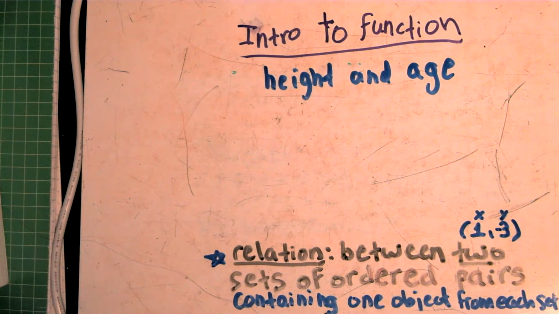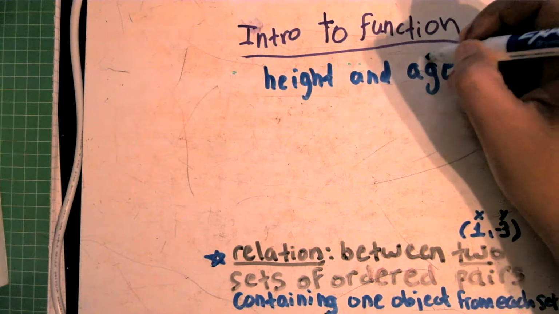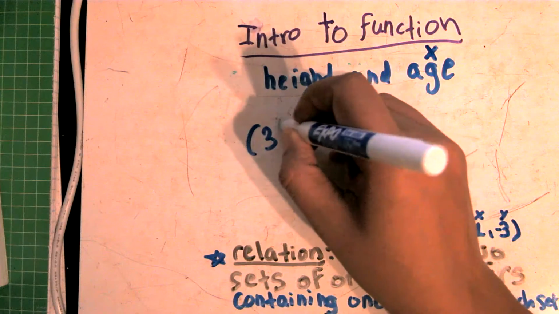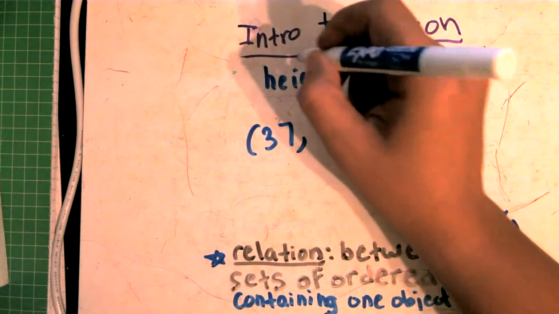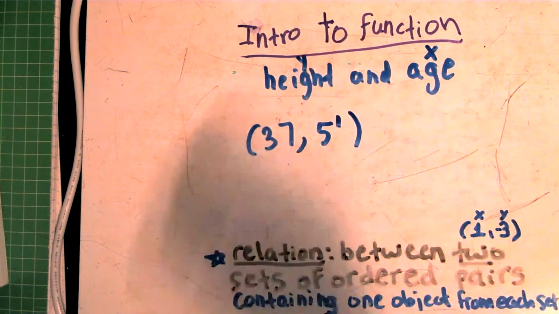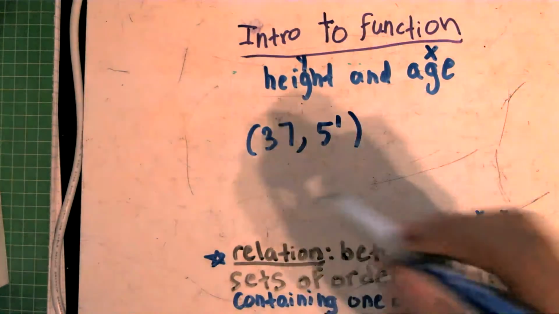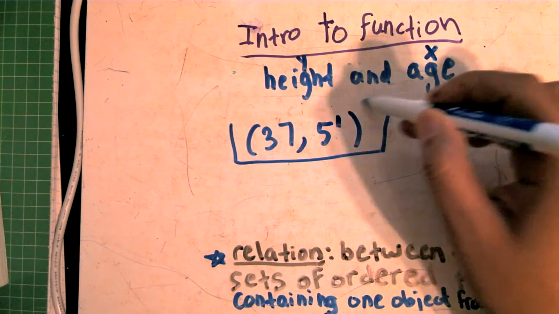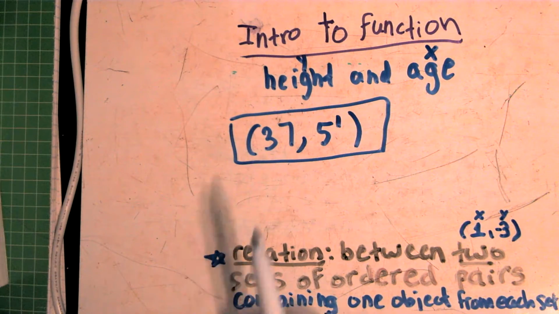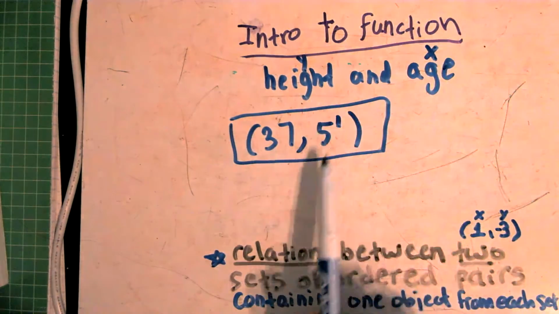My age would be my domain, let's say I'm 37 years old, and my output would be my height. I'm 5 feet tall. So this is an example of a relation between two sets of an ordered pair, where order matters, containing one object from each set.